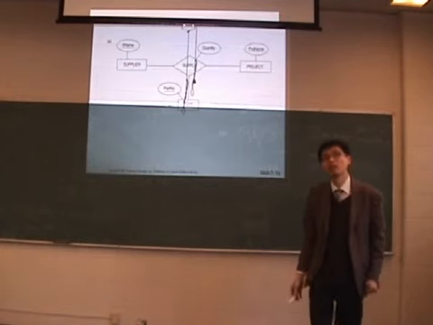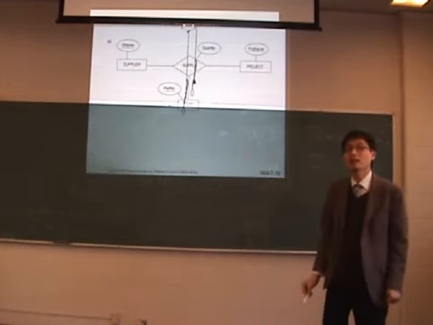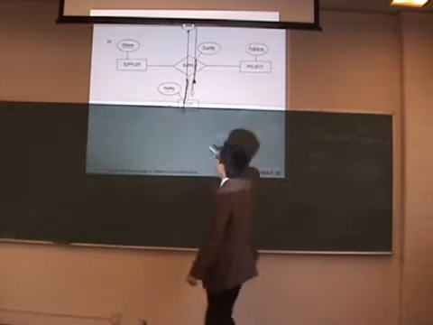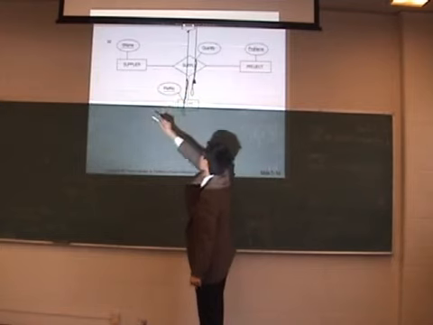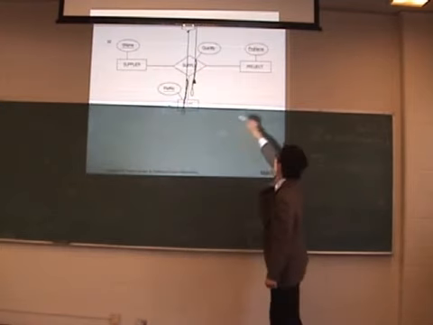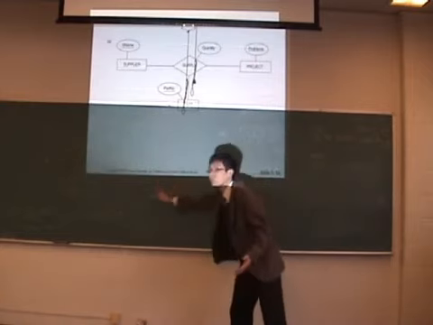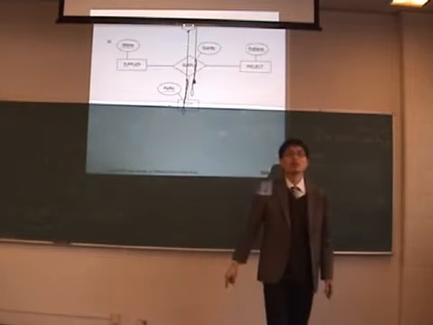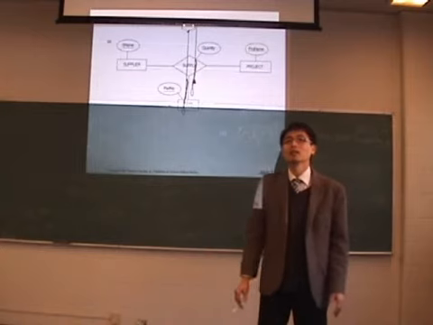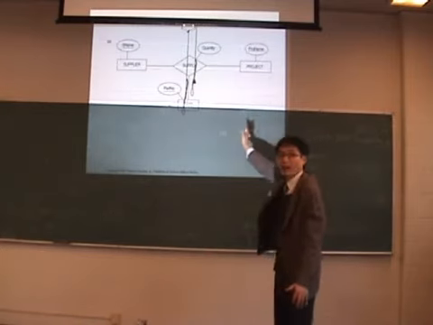Somebody may consider, why don't we create binary relationships between supplier and part, and project and supplier, then convert them into relations using this rule? Yes, you can do that, but that is not the same as this one.